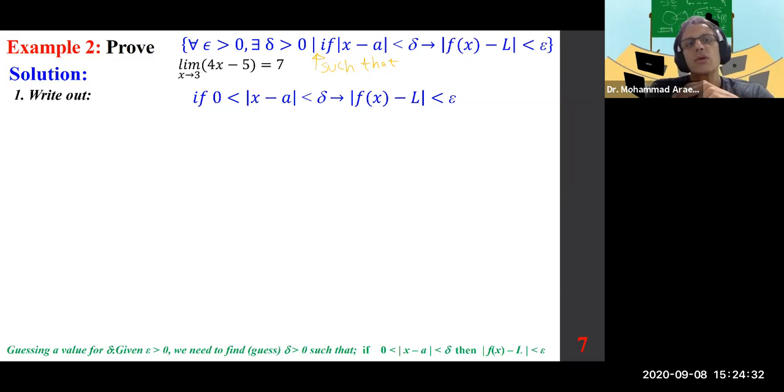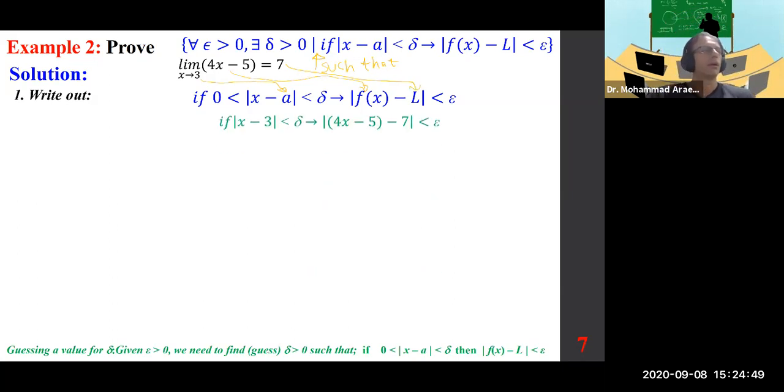Number 7. So let's just replace it, okay. In other words, in here, this is your f function, and this is your limit. So let's plug it in. Now, that's the first thing. This is the write-out to get us started, okay.